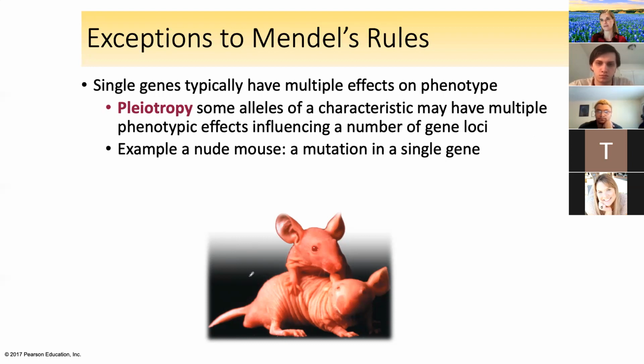But when that mutation was made to allow that to happen, it also affected their ability to grow hair. So they're naked. It had nothing to do directly with the immune system, but now we have these poor little nude mice that are a result of that manipulation.